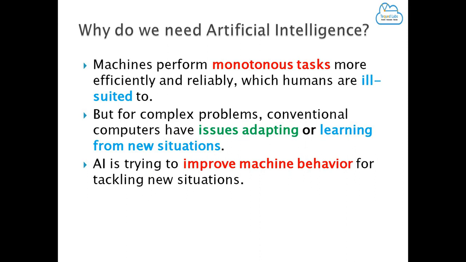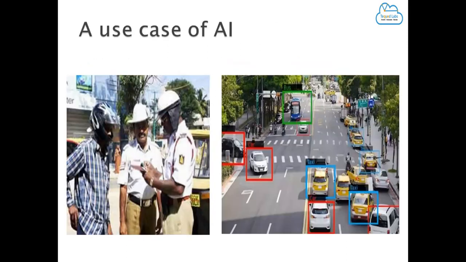But whenever they are given some situation, some data, or some process which they are not used to or not programmed for, then there is a problem of adapting. That is solved with the help of artificial intelligence, which will continuously learn from the data that is coming in and also take the actions required for that newly learned data. So that is how AI is trying to improve everything that is happening around us.